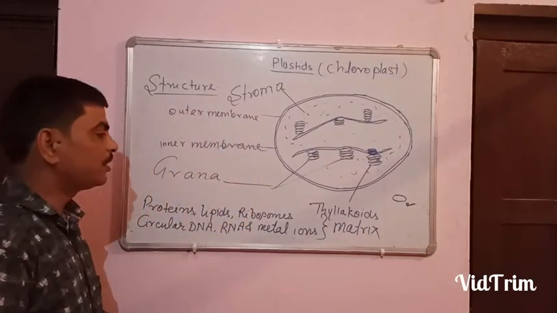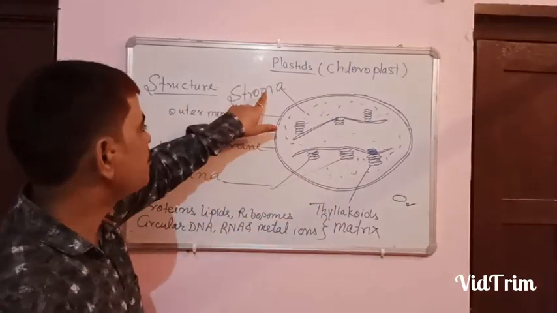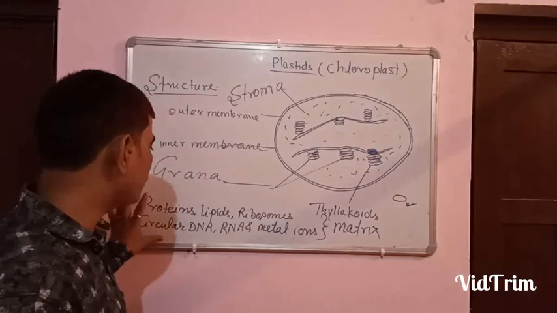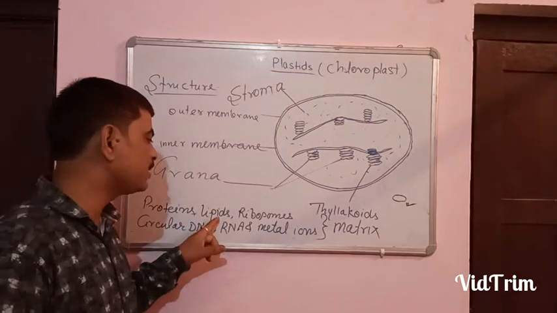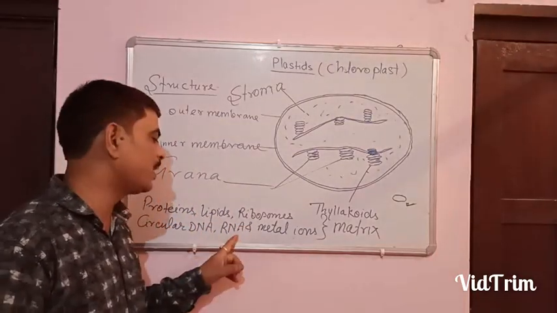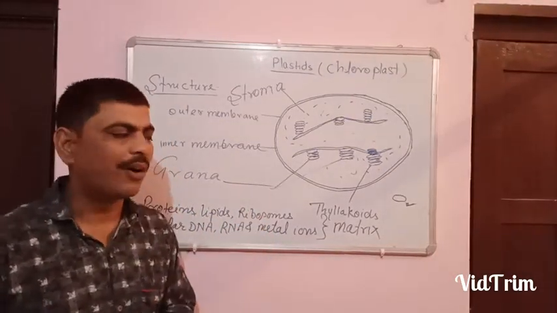This matrix is called stroma, and this stroma has proteins, lipids, ribosomes, circular DNA, RNA, and metallic ions.